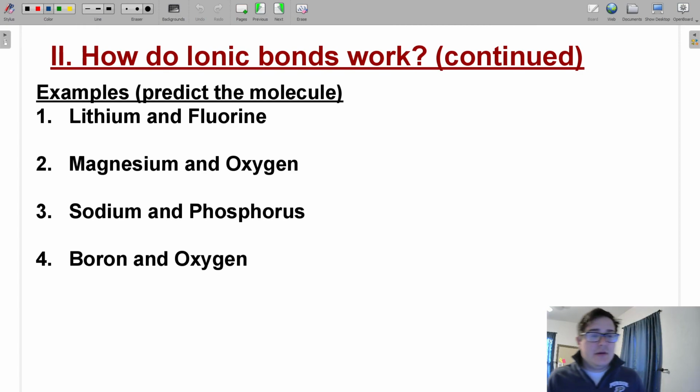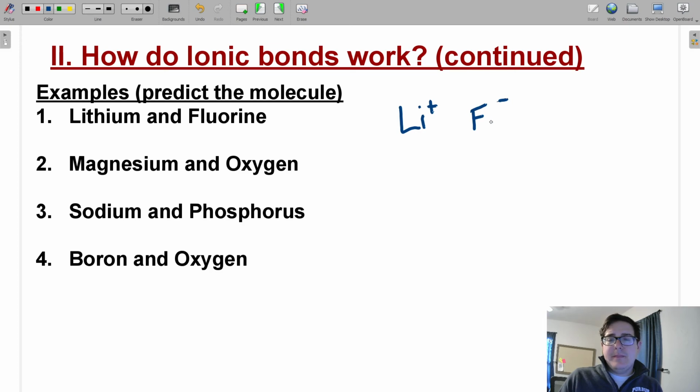What I want you to do now is go ahead and hit pause on this video and try to predict the molecule that is going to form here. So here's the first thing I want you to do. For lithium and fluorine, for example, I want you to write the two charges that those would make using your periodic table.